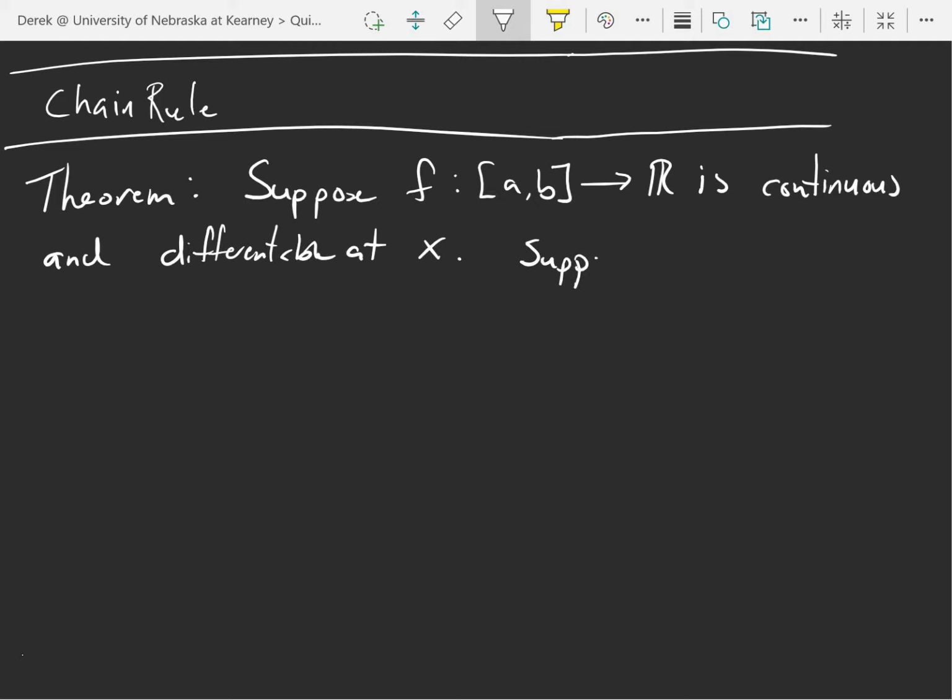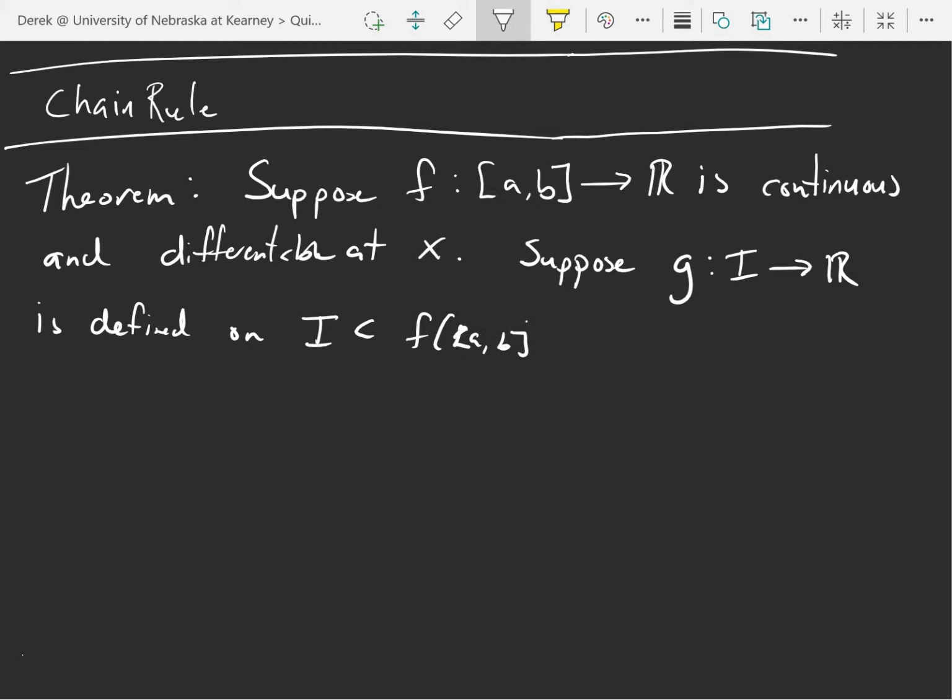Suppose g, mapping some interval into the reals, is defined on I, a subset of f of AB. So the interval that g is defined on is contained in the range of f.